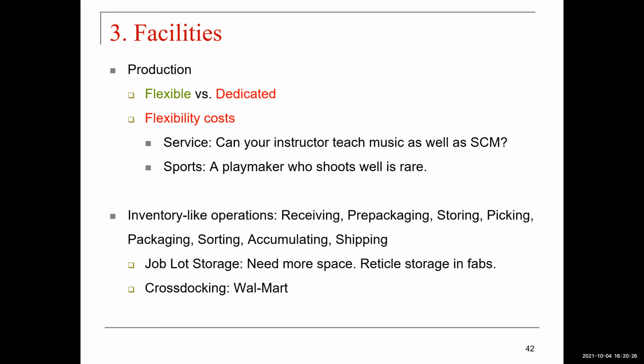In terms of sports, a playmaker who can choose well is rare, not necessarily now, right? The example is trying to say that you cross-train your players in this case, and then you can obtain a benefit for that. Inventory-like operations: receiving, pre-packaging, storing, picking, packaging, sorting, accumulating, shipping.